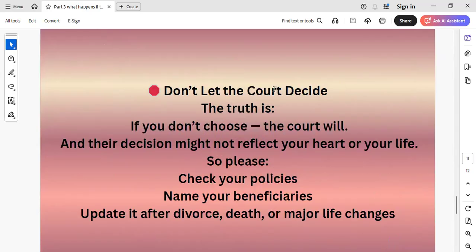So don't let the court decide. The truth is, if you don't choose, the court will, and their decision might not reflect your heart or your life. So please check your policies, name your beneficiaries, and update after divorce, death, or any major life change.